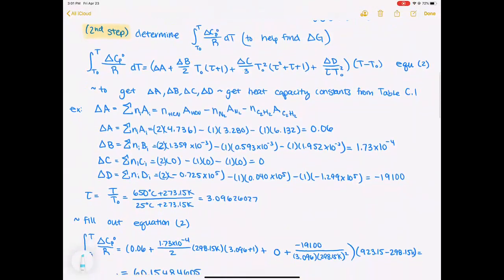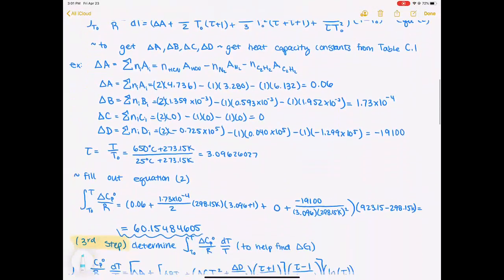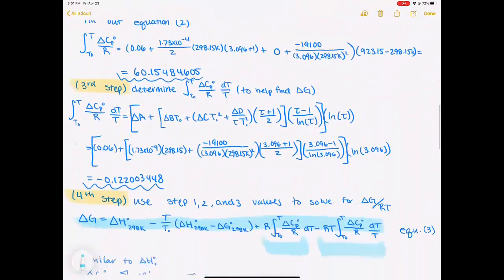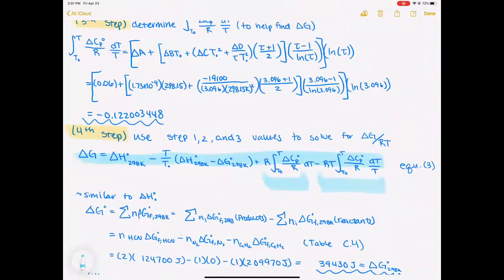The second and third step are basically trying to help determine what G is. So we use this equation. This long equation right here is in the book, and I believe it's equation 14.18.